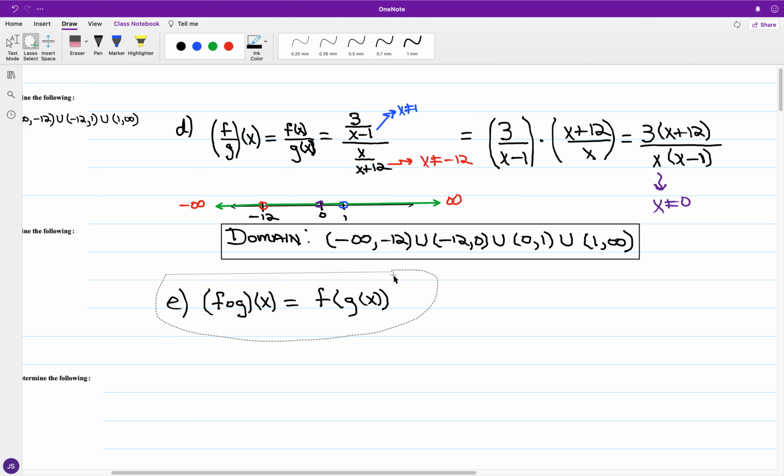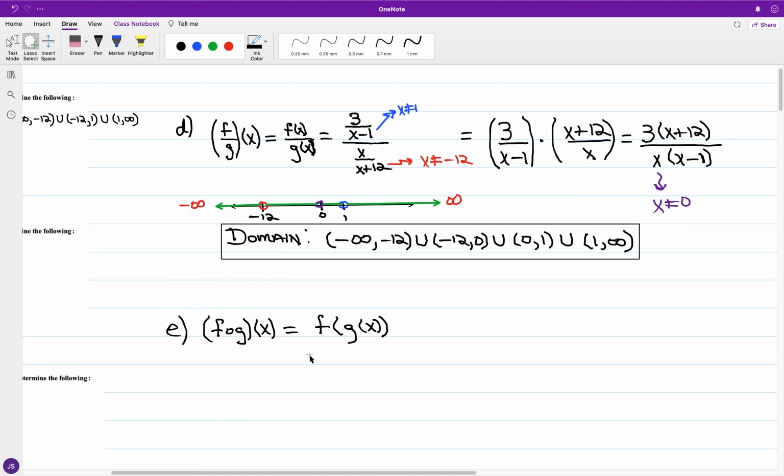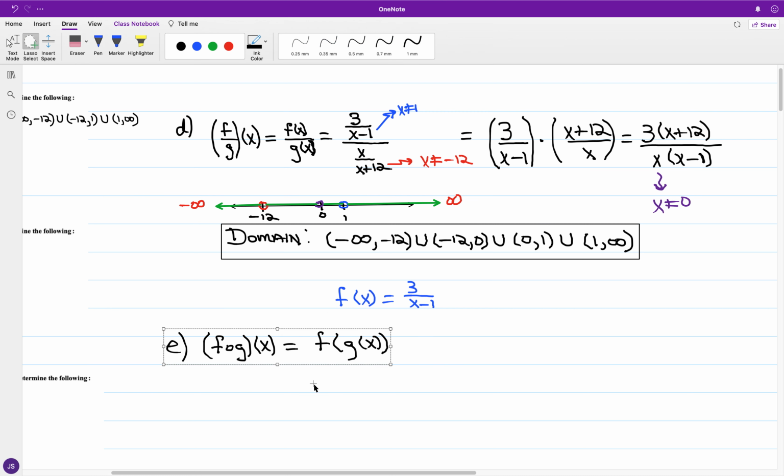In the way that f and g are displayed, we have the output function in line with f, and f of the input is 3 over the input minus 1. With g of x as the input, you're going to have f of g of x equal to 3 over g of x minus 1.